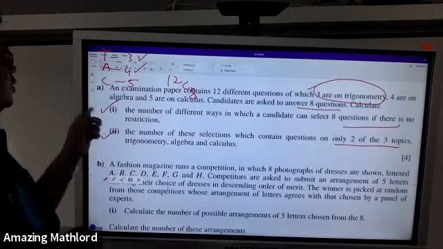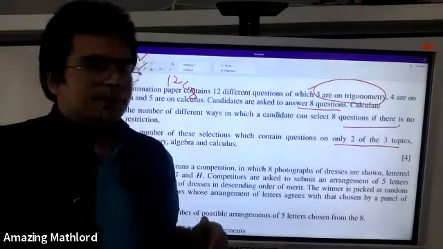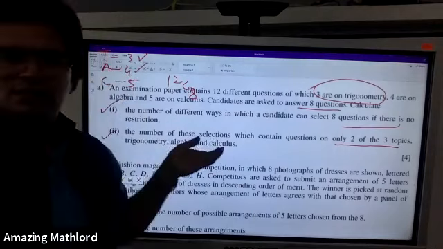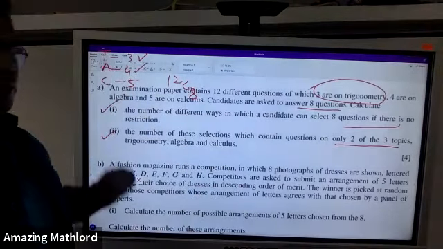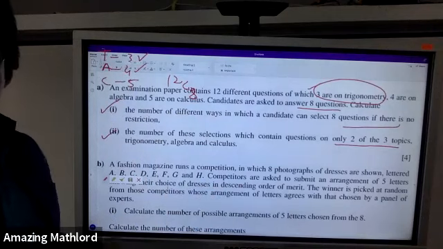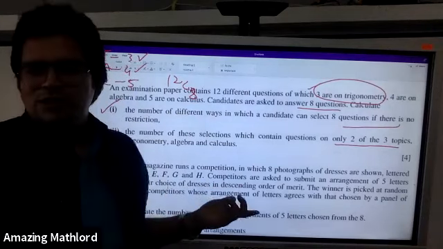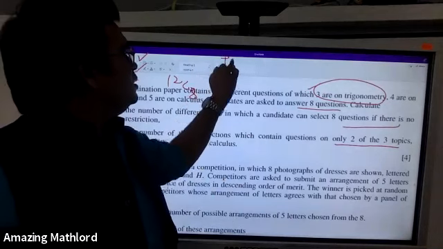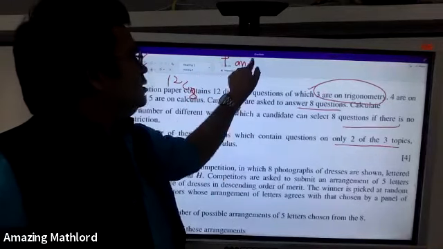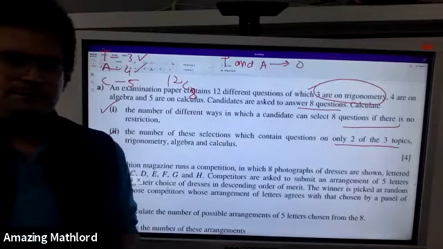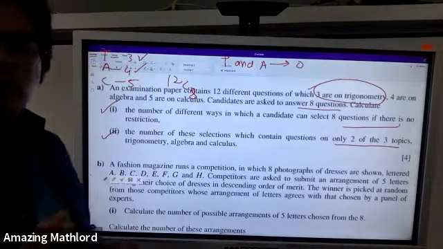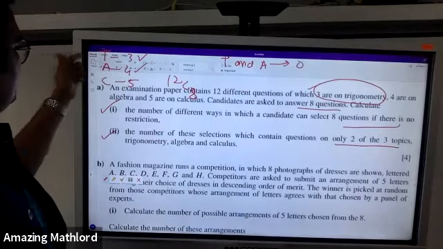In total there are 7 questions there, trigo has 3 and algebra has 4, so he can't select 8 questions. So the trigo and algebra combination has 0 number of ways.